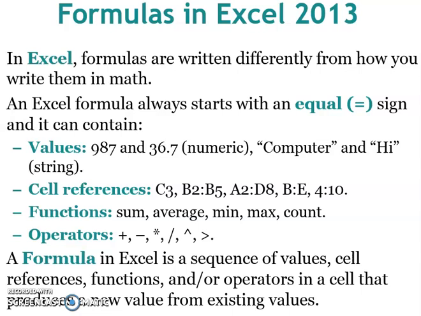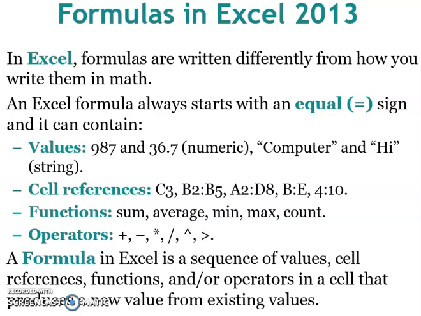So what does cell reference mean? There are four points which are very important to remember in Excel: the values, cell references, functions, and the operators. Values are the numeric and the string values. Cell references show where the cell belongs, from which row and which column. As shown in this slide, I have some examples of cell references like C3, B2, B5, A2 to D8, B to E, 4 to 10.